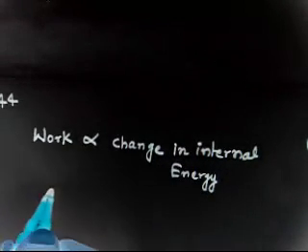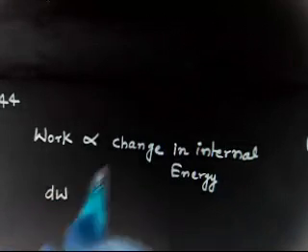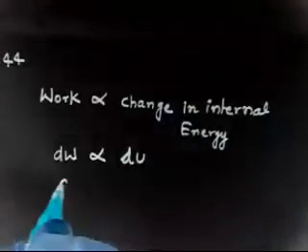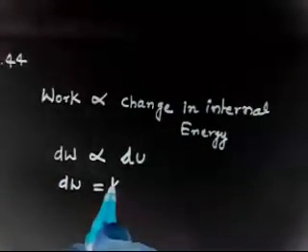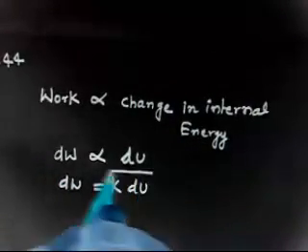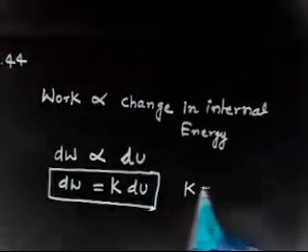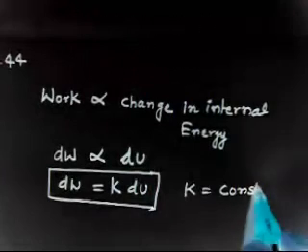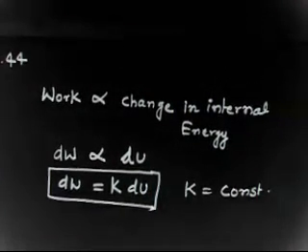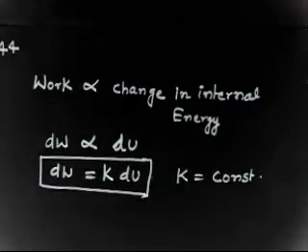So this means dW, that is the work performed, is proportional to delta U, or I can write dW is basically K times dU, where K is the proportionality constant. The question says demonstrate that the process in which the work performed by ideal gas is proportional to corresponding increment of its internal energy is described by the equation PV^n is equal to constant.